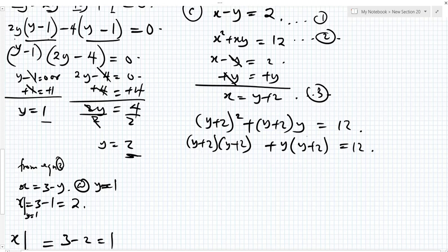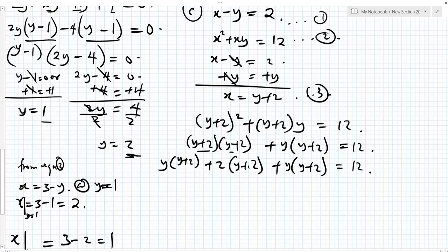If you open up this bracket now, you have y plus 2 times y, plus 2 times y plus 2, so plus y times y plus 2 equal to 12.